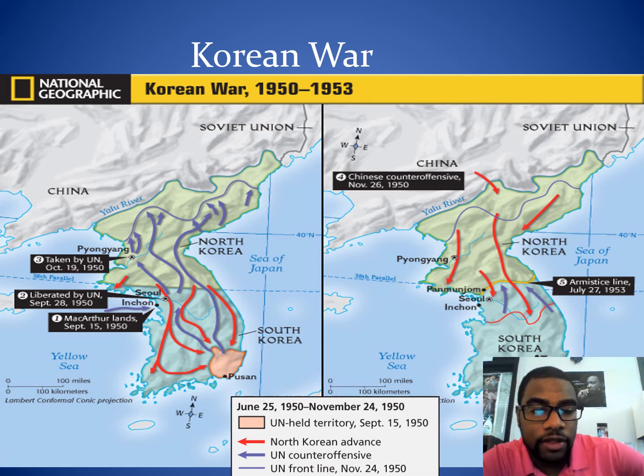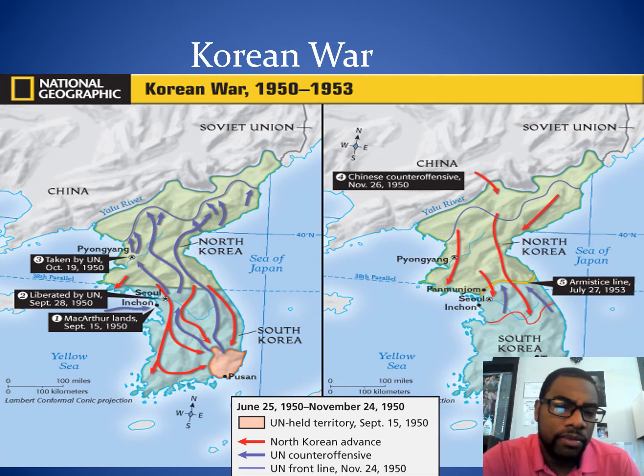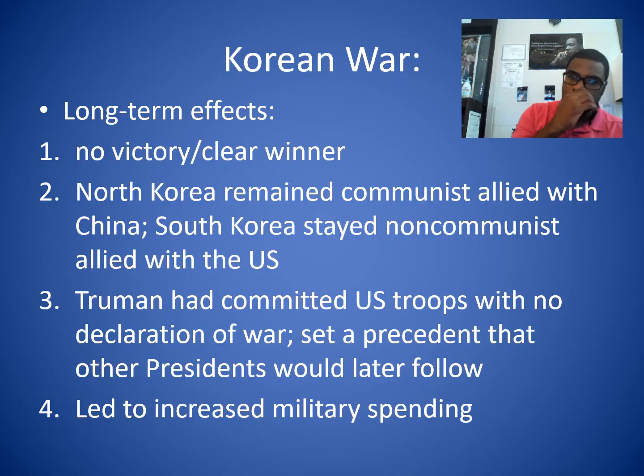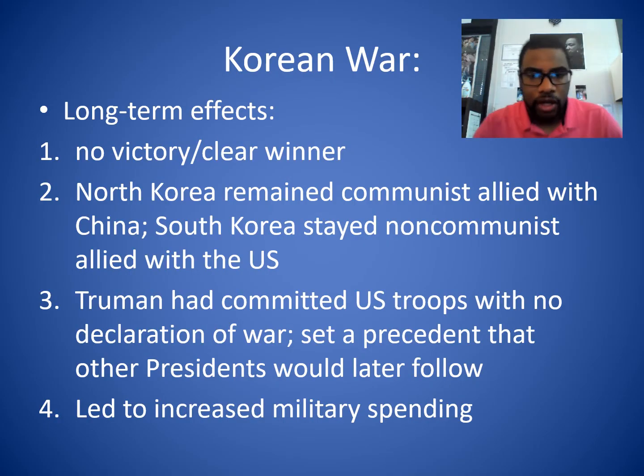Should the United States occupy either part of Korea, it would be a security risk for them, because that would put the U.S. in striking distance of them. We'll see this idea of proxy wars as we move on throughout the Cold War as well.